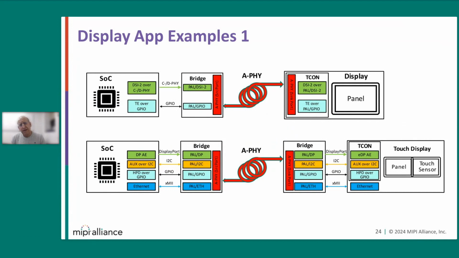On the other side, the far end, a display that is integrating both the API and the protocols, in this case DSI, into the TCON and the panel for a display module. Here we are using the GPIO adaptation layer to carry the TE signal.